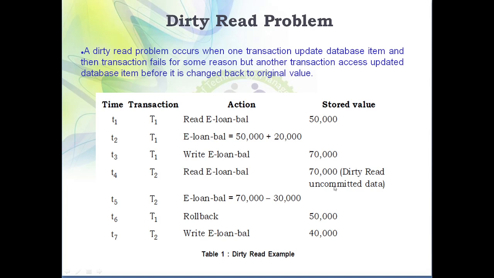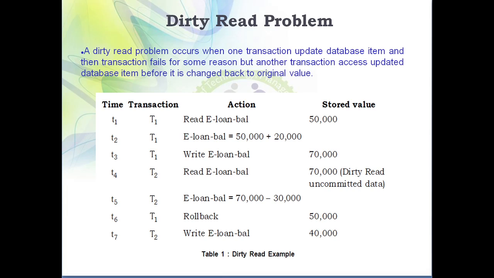Unless and until a transaction performs a commit operation, another transaction should not read that value. Suppose that transaction is reading that value, then there is a possibility of dirty read, just like happening in this scenario, where transaction T1 has performed some change but has not committed its changes, and another transaction has read the value, and after that transaction T1 has performed a rollback.